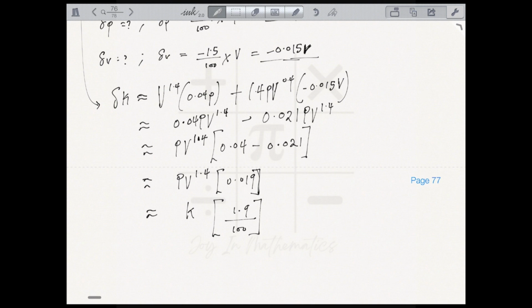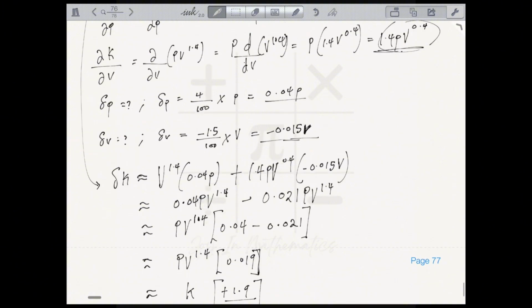We can see that this one is positive. Therefore, the approximate error in K is a 1.9% increase.